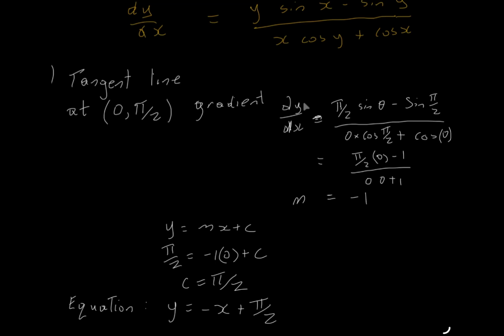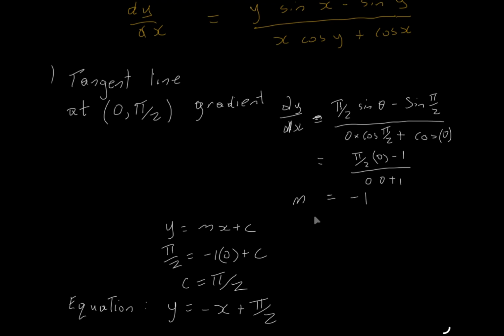We have dy/dx is equal to pi over 2 times sine of 0 minus the sine of pi over 2, over 0 times the cos of pi over 2 plus the cosine of 0. That will simplify to give pi over 2 times 0 minus 1 over 0 times 0 plus 1. So it's negative 1 over 1. That is equal to negative 1. So your gradient is equal to negative 1.